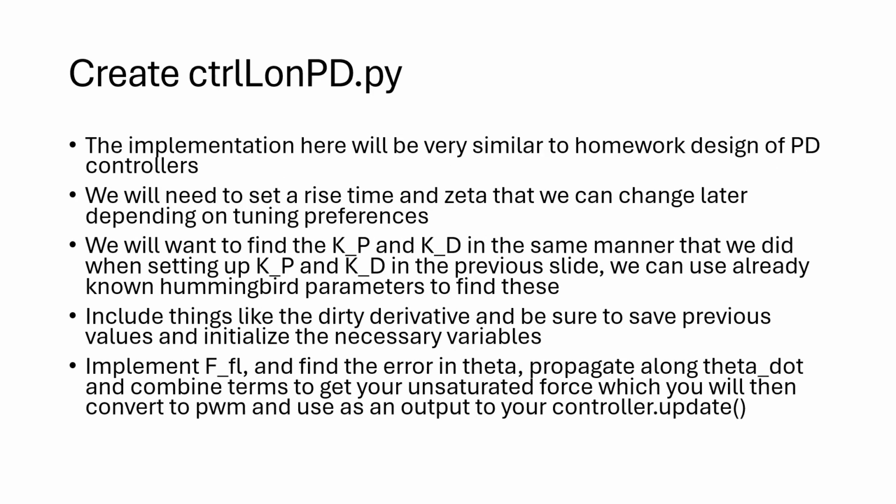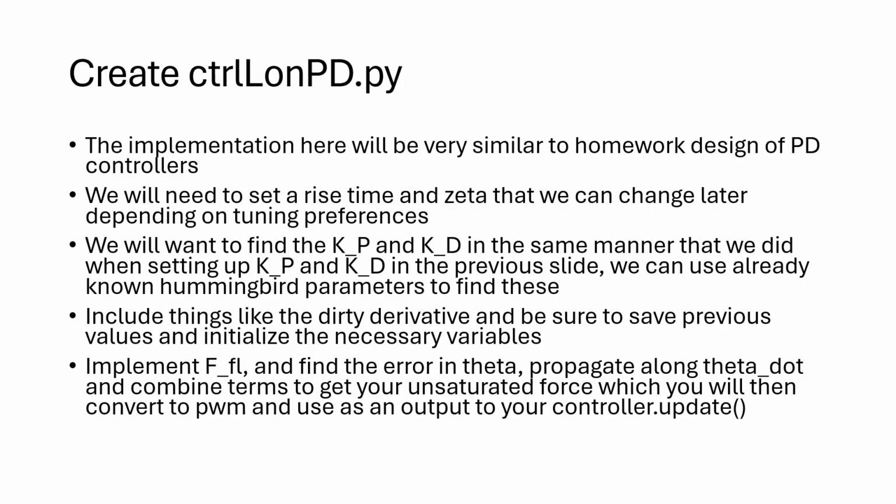Now, to implement that controller so that we can eventually use it in our simulation, it's going to be a very similar implementation as we've seen in the homework questions that deal with the design of PD controllers. So we'll want to set our rise time and zeta as tuning preferences, and for Kp and Kd, we can set those up using the equations that we derived in the previous slide.